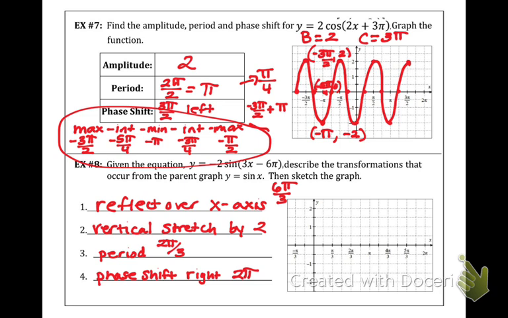Okay, so now let's figure out where we're going. My c over b is 2 pi. The sine function starts at an intercept. We're going to go down to a minimum, back up to an intercept, up to a max, back to an intercept.